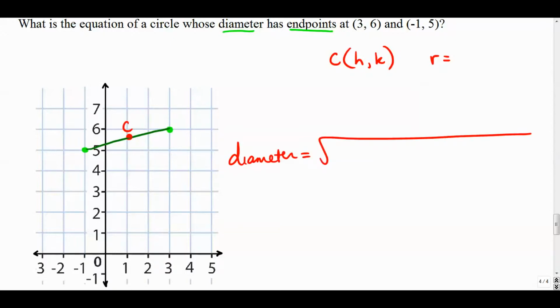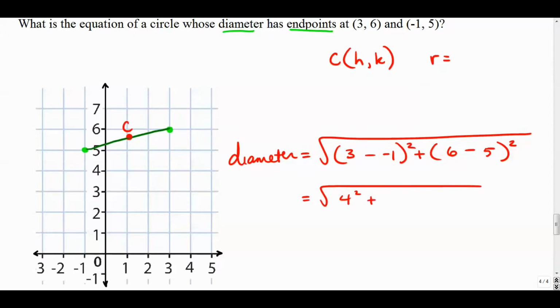So the diameter is given by this distance. We're going to take our x's, 3 minus -1, and our y's, 6 minus 5. That's 4 squared plus 1 squared. So this is the square root of 16 plus 1, which is the square root of 17.